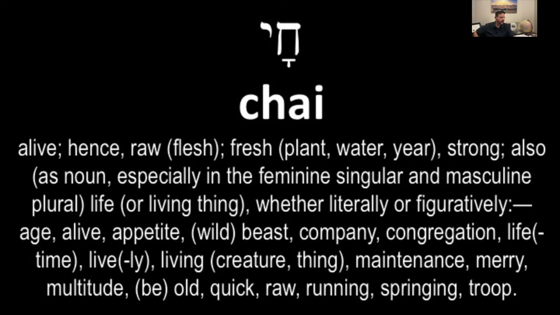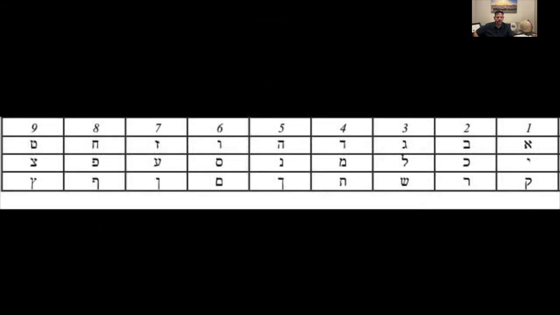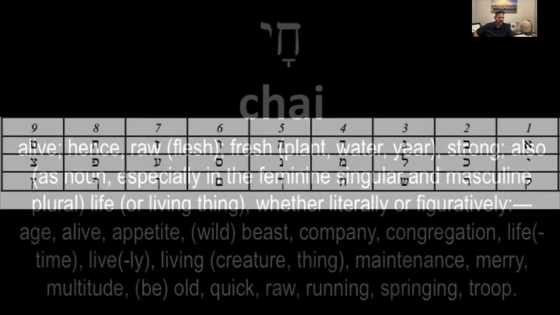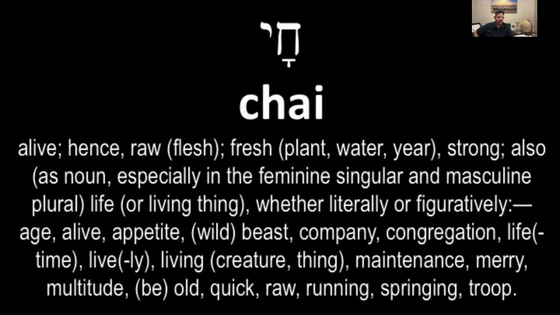Now, in Hebrew, each letter is a number. So Aleph is 1, Bet is 2, Gimel is 3, Dalet is 4, He is 5, Vav is 6, Zayin is 7, Chet is 8, and Tet is 9. Chai is spelled with the letter Chet and the letter Yud, of course with the kamatz as the vowel underneath.